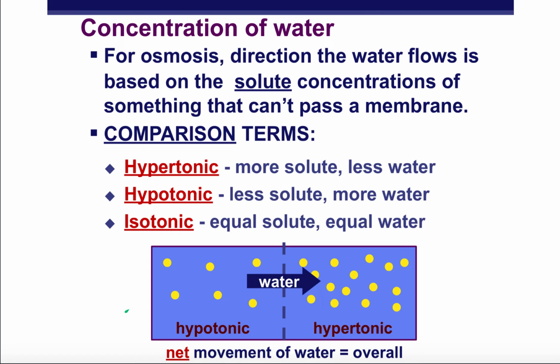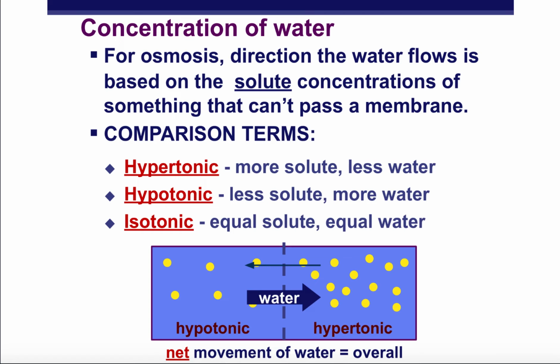Now in this case, you see water is flowing towards the right where there's more solute, but that's actually a little bit of a simplification. This is what we call net flow of water. In fact, what's actually happening is water is moving both ways, but is moving at a much faster rate towards the saltier side. Okay?